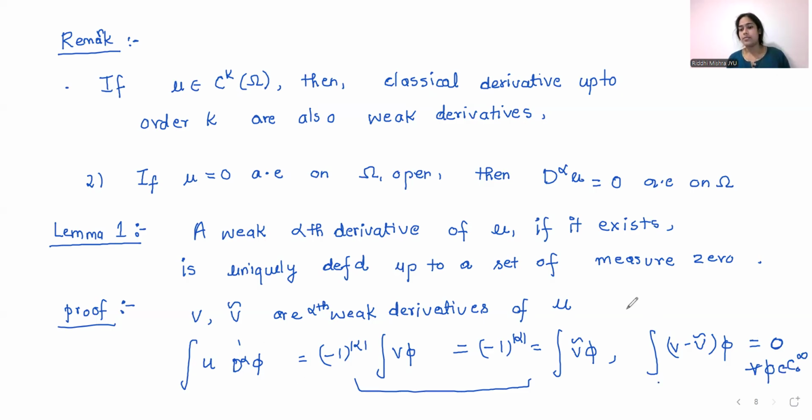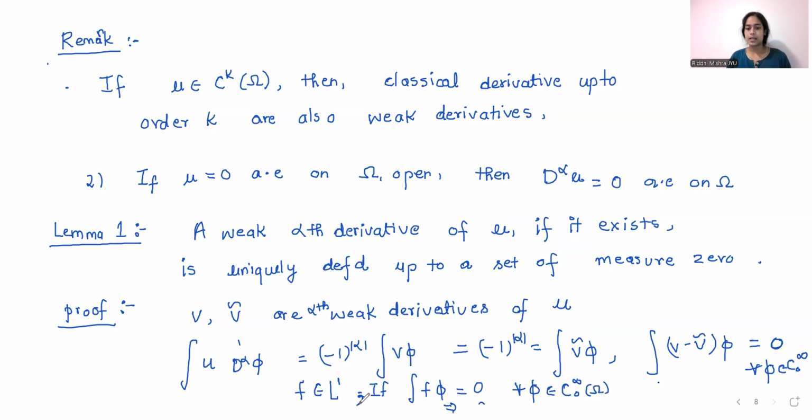Here I will use one fundamental result of calculus of variations, which you can also see in any measure theory book: if f is locally integrable, or L1, then the integral of f phi is equal to 0 for all compactly supported smooth phi.